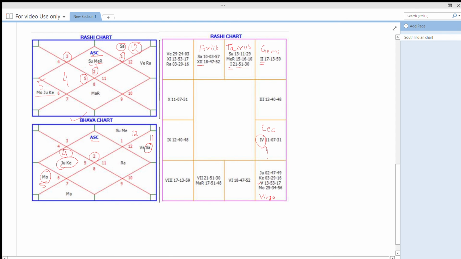Because when you go to the South Indian chart, fifth house is starting at 13 degree 53 minutes 17 seconds, and Jupiter and Ketu have a lesser degree than where our house started, and Moon has 25 degree, which is telling us Moon needs to stay in this house, but these two have to go back to the previous house. So that's the reason our Jupiter and Ketu went to the fourth house from here to here.